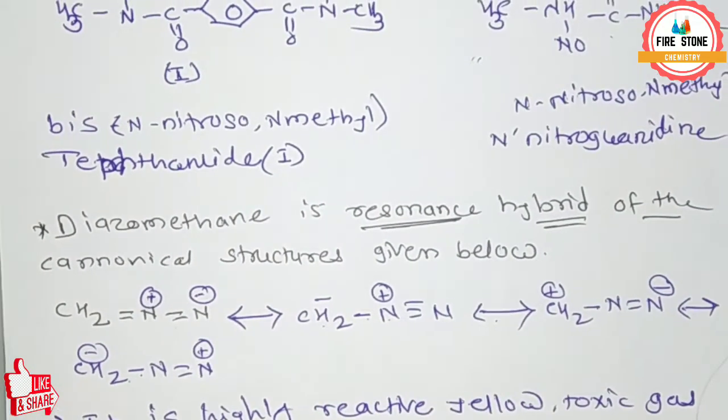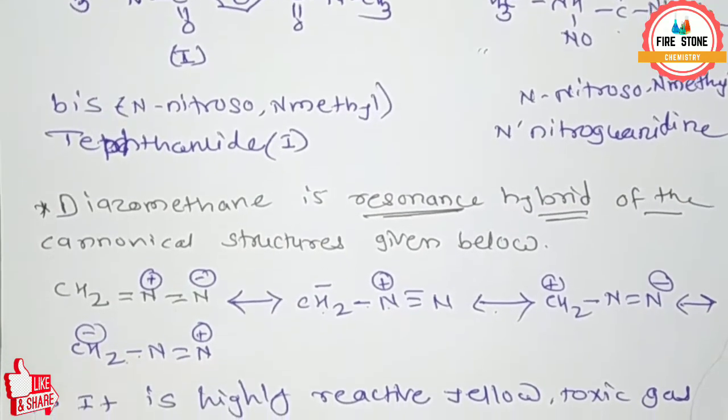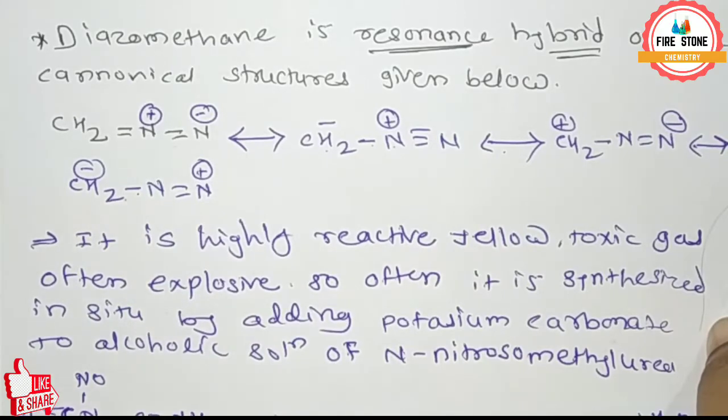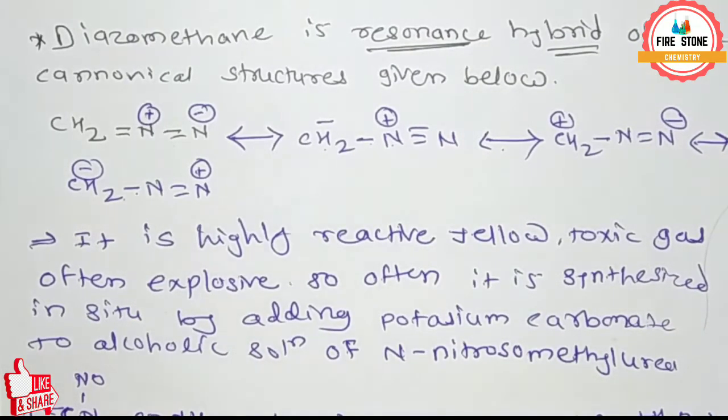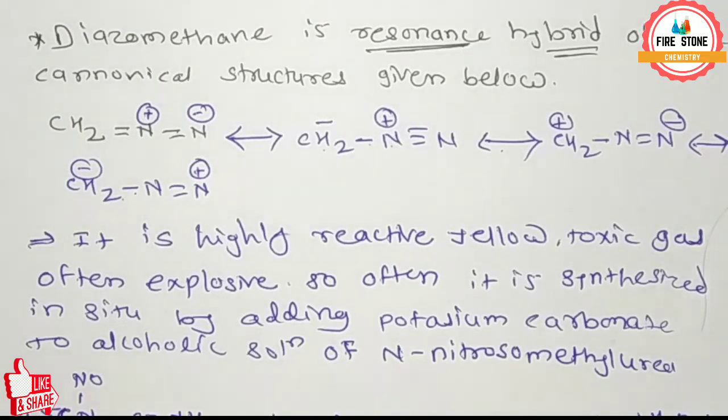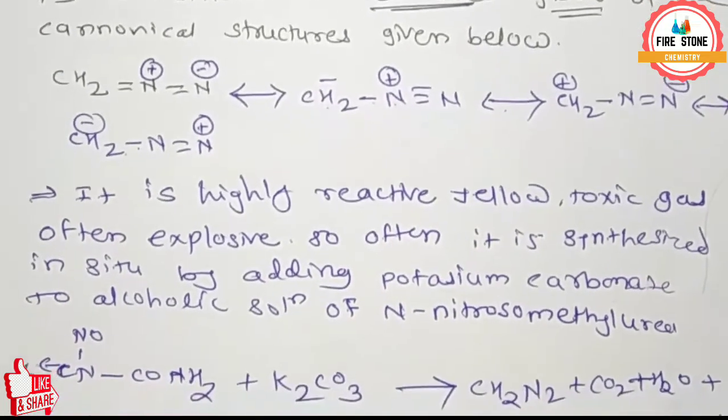So it is highly reactive. Diazomethane is a highly reactive, yellow, toxic gas, often explosive. It is synthesized in situ by adding potassium carbonate to an alcoholic solution of N-nitroso-methylurea.